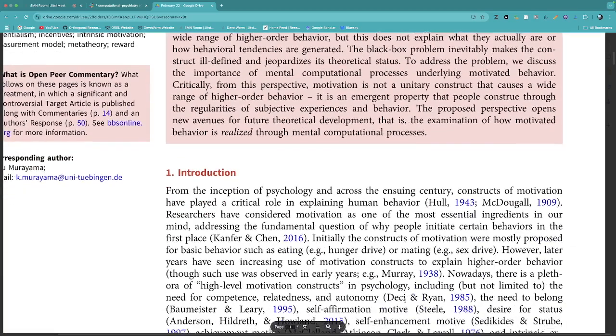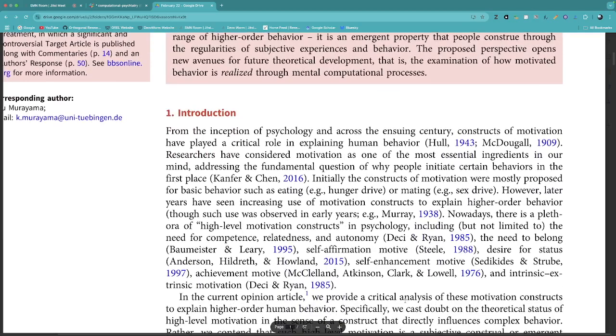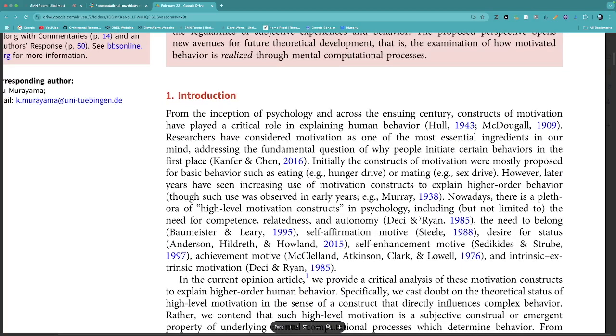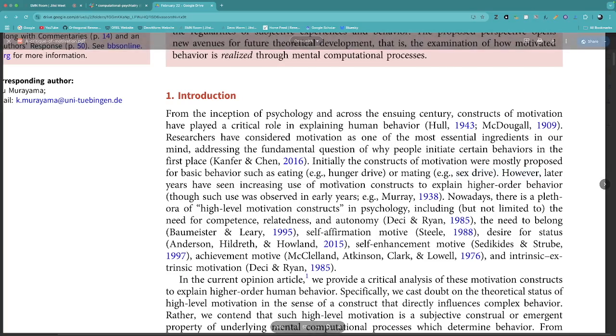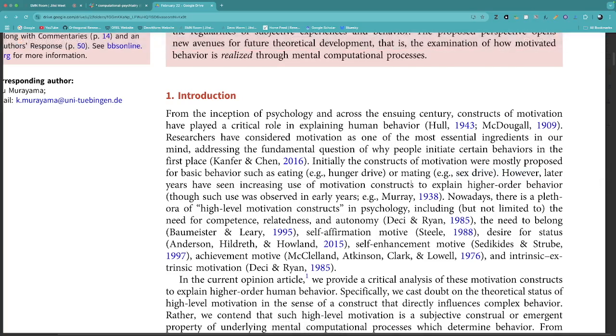So that's the abstract. And they talk about the history of this, where the constructs of motivation were mostly proposed for basic behaviors such as eating, which is like hunger drive, or mating, which is sex drive. However, later years have seen increasing use of motivational constructs to explain higher order behavior.